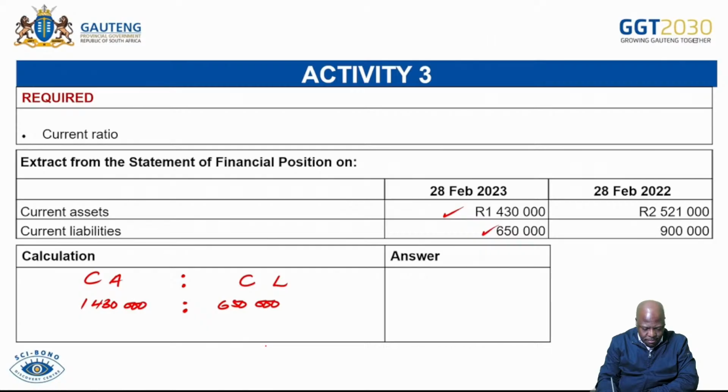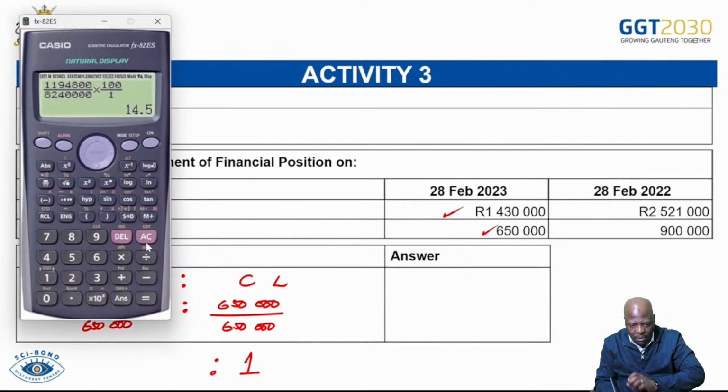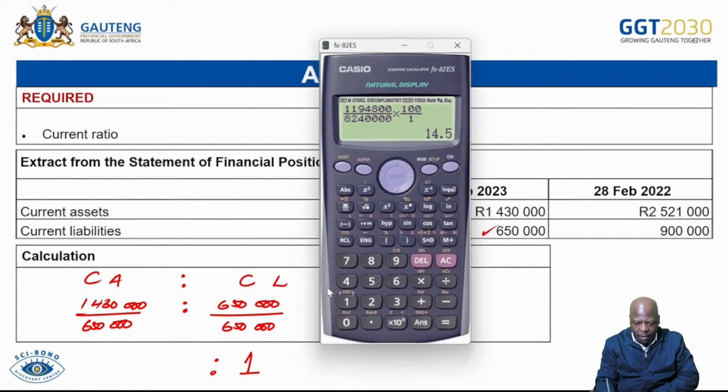My answer must be X to 1. That means I must divide everything now by 650. If I divide that by 650, it gives me 1 here. And then I come here, I divide that by 650 again. Then I need to know how much it gives me. Let's bring our friend here. So it's 1,430,000.